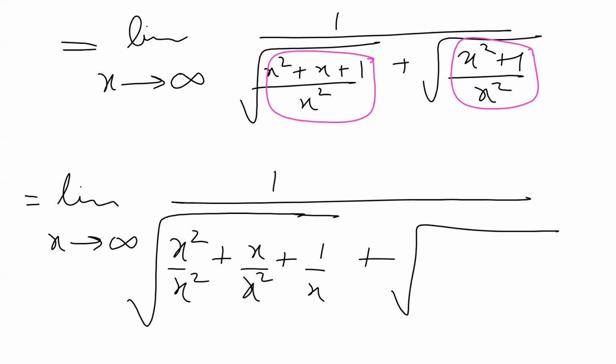Addition of the roots cannot be combined into one whole root, so we need to separate, split this within the root. So this is 1, this is 1 upon x, this is 1 upon x square, and this is 1.